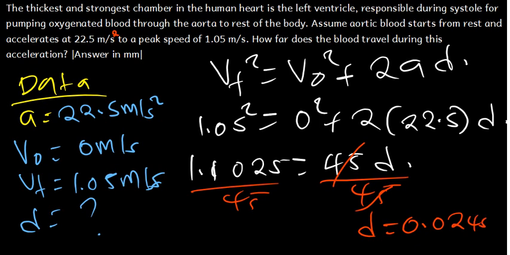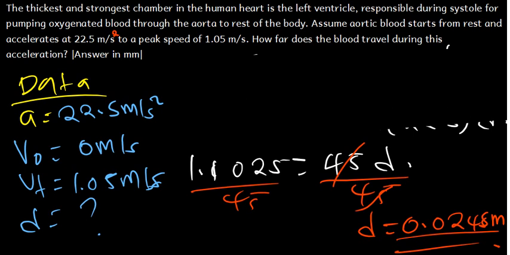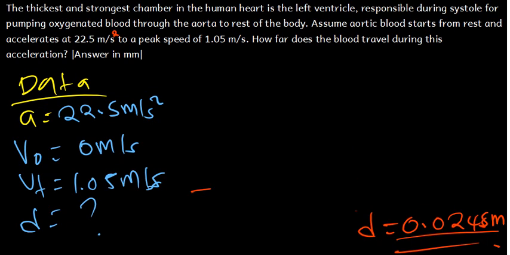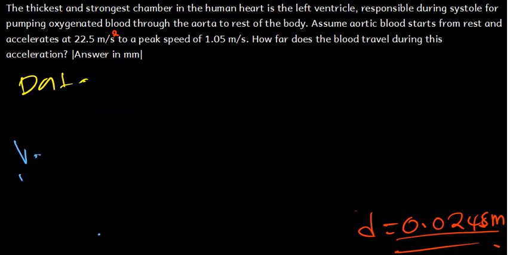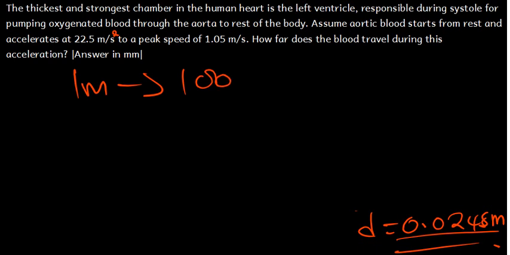Now this is in meters. The question says our answer is supposed to be in millimeters. To convert meters to millimeters, you just need to multiply by 1000. If you're having some challenges with this conversion, in 1 meter there are 100 centimeters, and in 1 centimeter there are 10 millimeters.